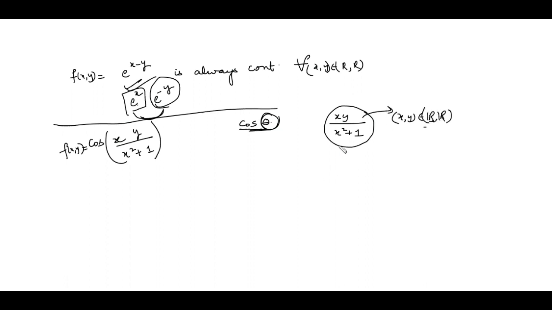So this function is defined for all x, y. This function is continuous also. So again, the composition of these two functions. The composition of continuous functions is again continuous. So this function is a continuous function.